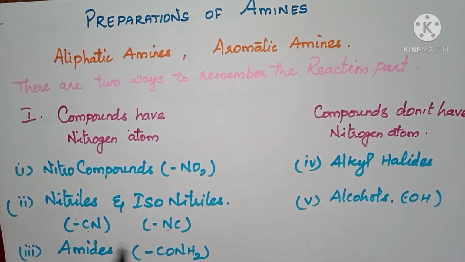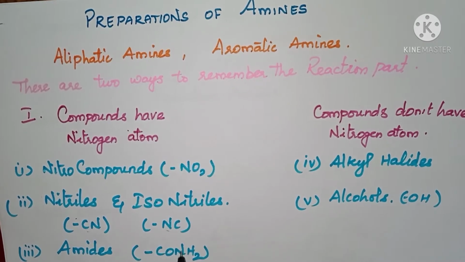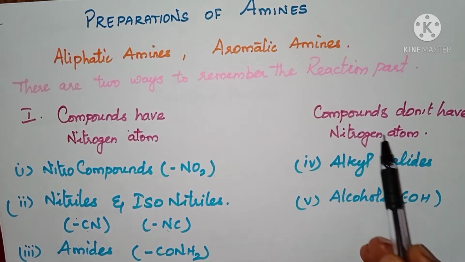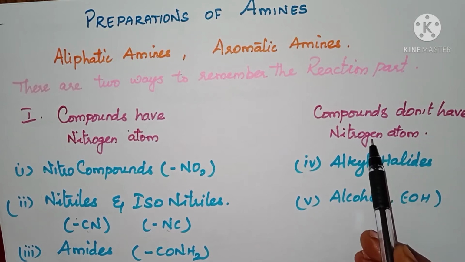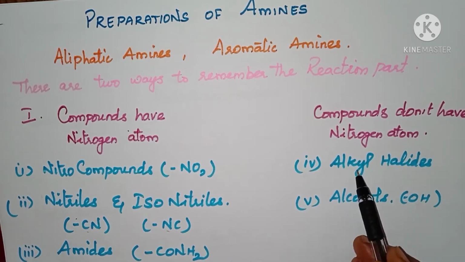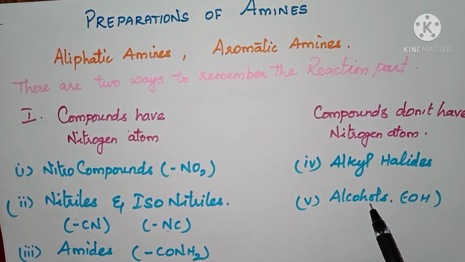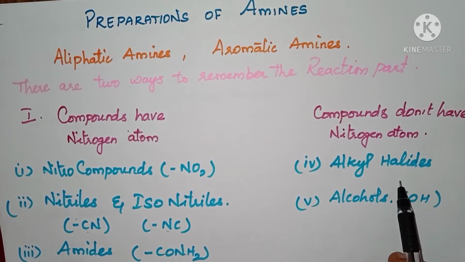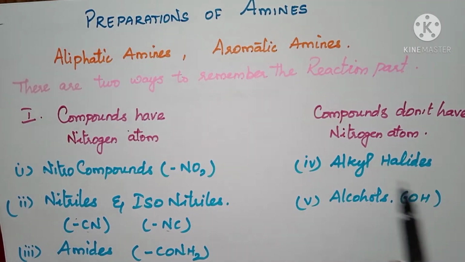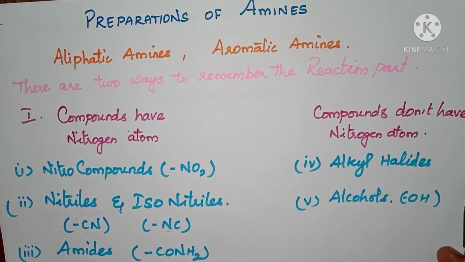Nitrogen is present over there, so in these compounds, nitrogen is present, and that compound is converted into amines. In another part, compounds which do not have a nitrogen atom, what are those? Alkyl halide and alcohol. So these are the 2 reactions, where alcohol is converted into amine, alkyl halide is converted into amine. In such a way they may ask the question.